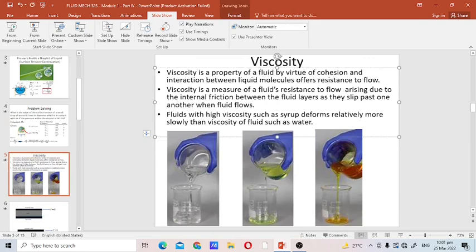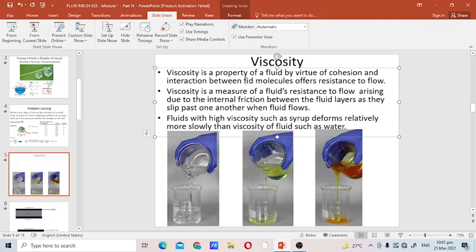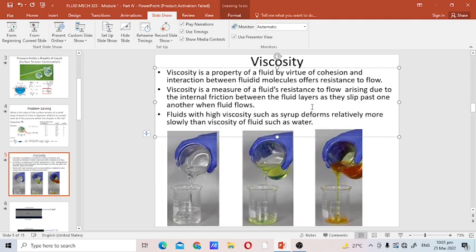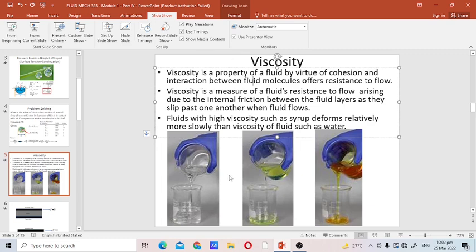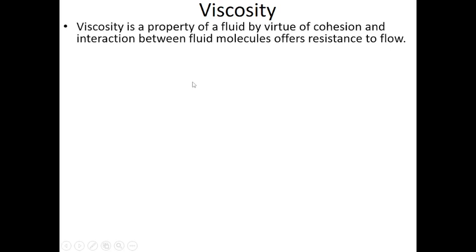So fluid in general, because this is also applicable to gases. It's a property of a fluid by virtue of cohesion and interaction between fluid molecules that offers resistance to flow.